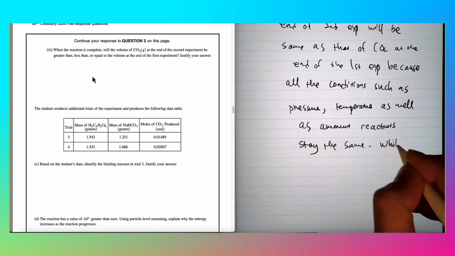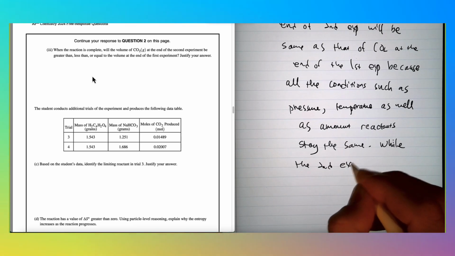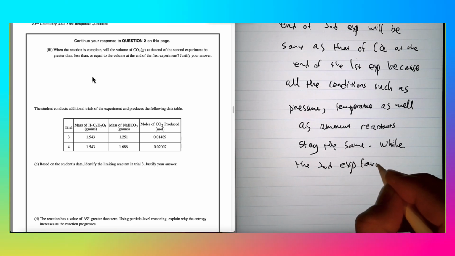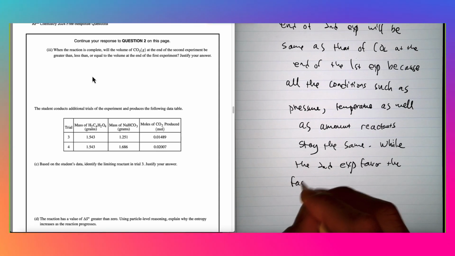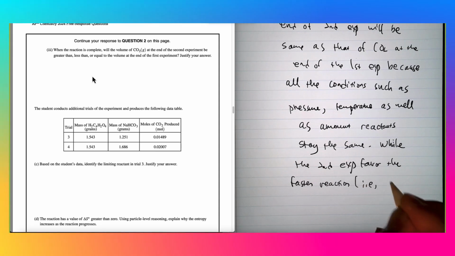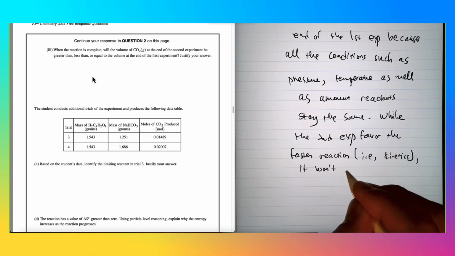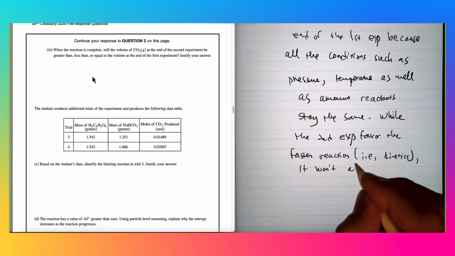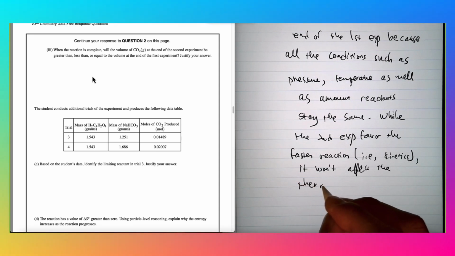While the second experiment favors the faster reaction, that is kinetics, it won't affect the thermodynamics.